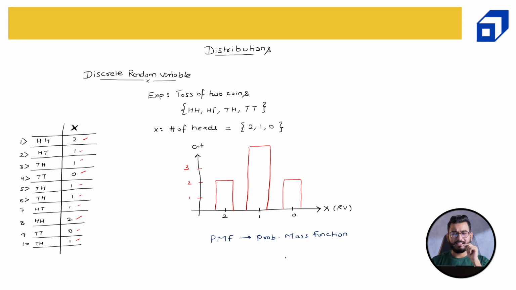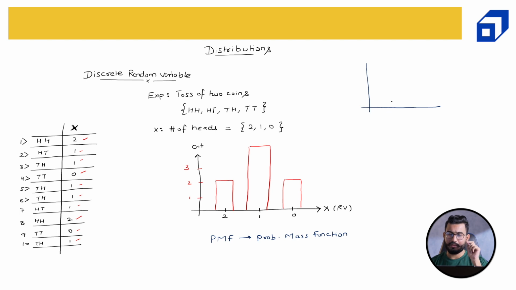Now please remember this, that if I'm tossing one coin, and we have already created this probability mass function, I hope you remember. I have shown you one website, seeingtheory.edu.